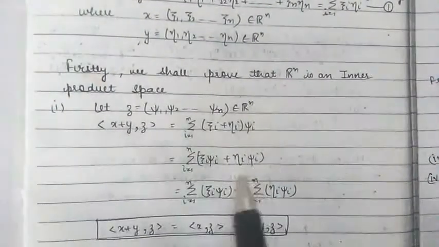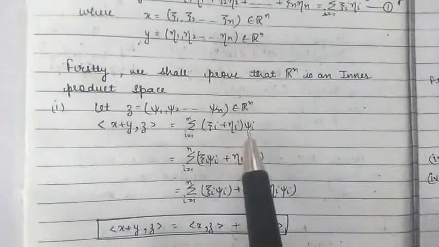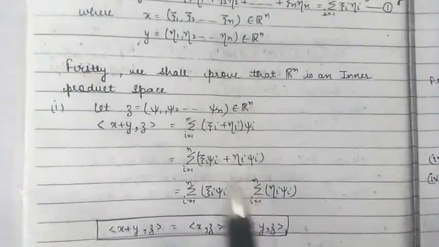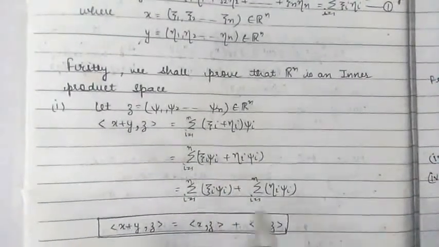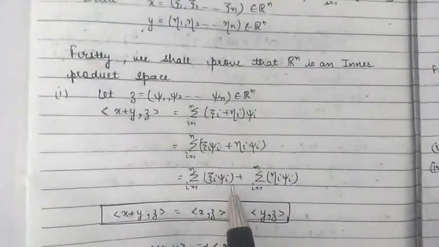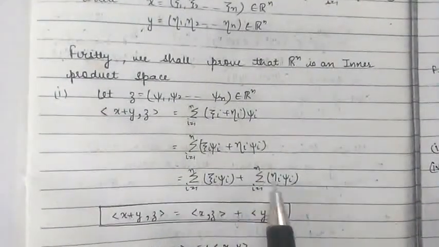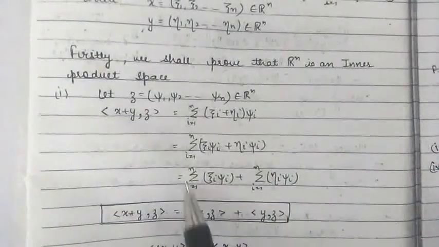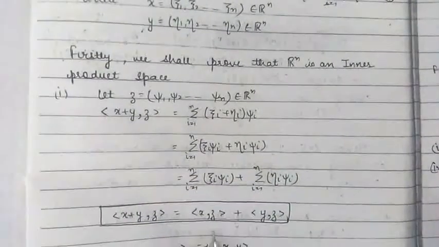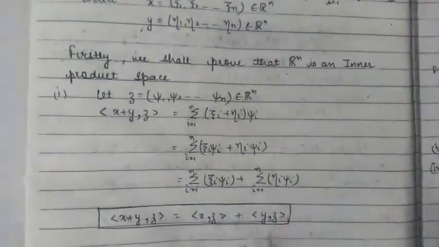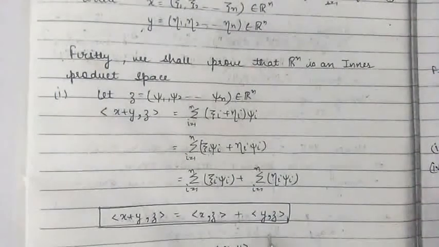Now opening the multiplication and separating the summation, we get summation xi i psi i plus summation eta i psi i. By definition, this is the inner product of x with z and this is the inner product of y with z. So we have proved the first property of the inner product.